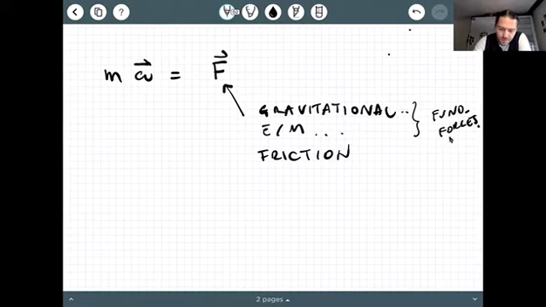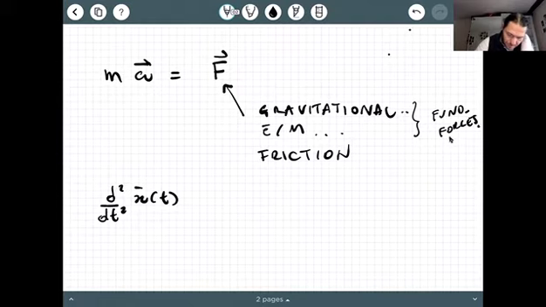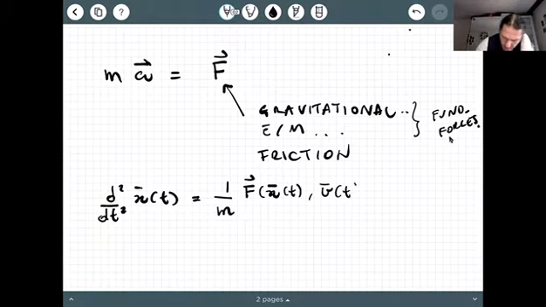So if you have a way of providing this equation with the right-hand side, then this equation connects the second derivative of the position of my particle to the ratio between the force acting on my particle at a given time, possibly depending on the particle position, the velocity maybe, and other things such as an external force.